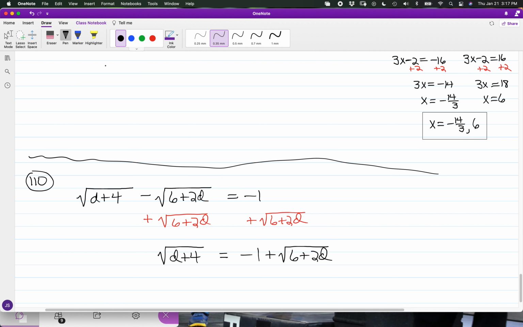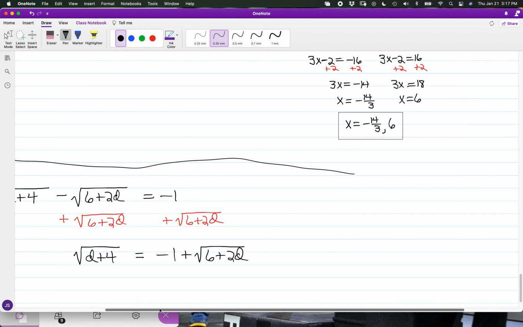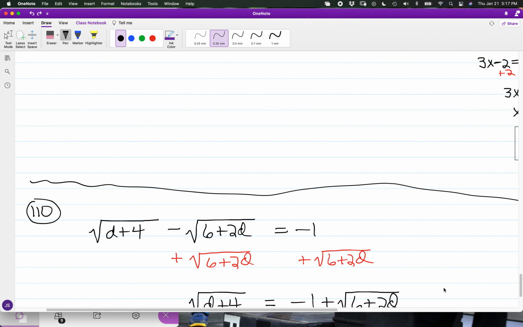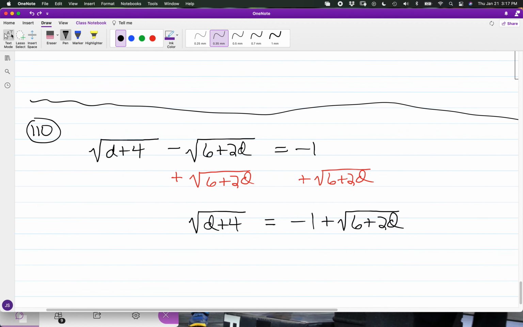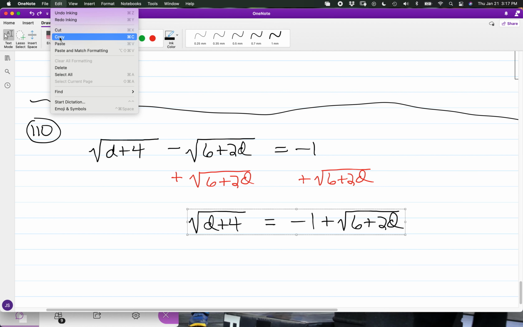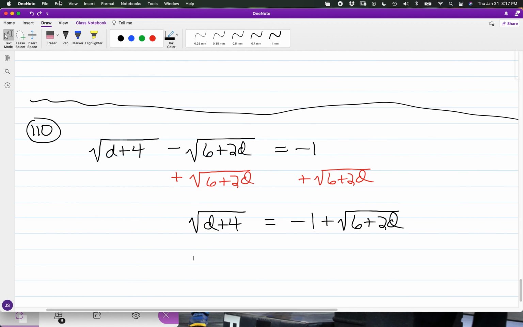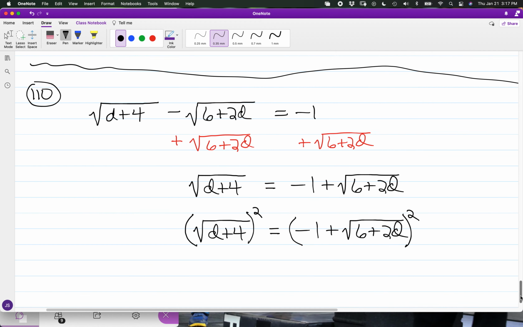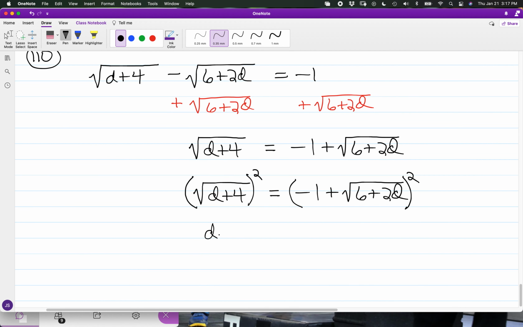And for what we're going to have in the setup, now we're going to square both sides. Okay, so for what we have on the left, this will be d plus 4 right away.